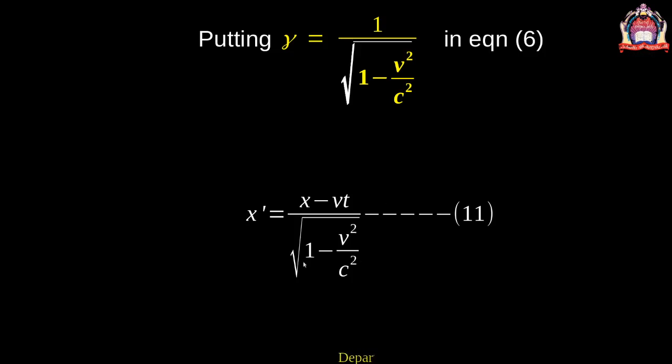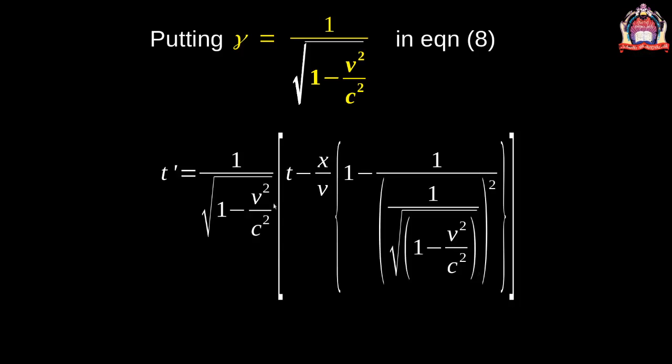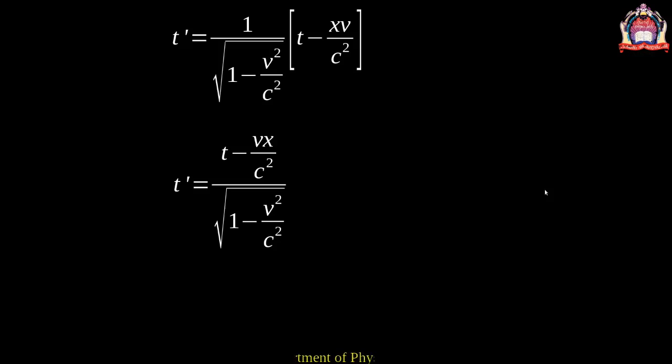Now putting this gamma in equation number 8, we get this equation. By rearranging and solving we get this equation. Again by simplifying all these steps we receive t dash is equal to t minus vx by c square whole divided by under root of 1 minus v square by c square.